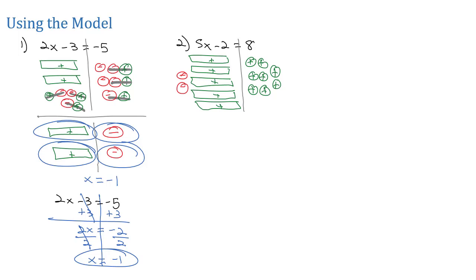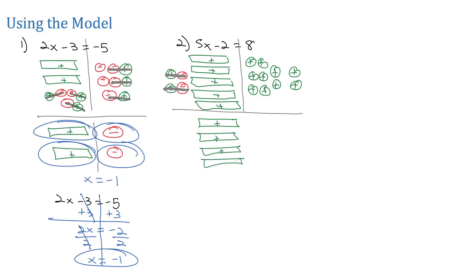Again, as we try and solve this, it wouldn't make sense to split up into 5 groups first because we've got these 2 negatives hanging out that can't be split into 5 groups. So we get rid of those 2 negatives with 2 positives, doing the same thing on the other side. That creates some 0 pairs. And so what we're left with is, on one side, the 5 x strips.